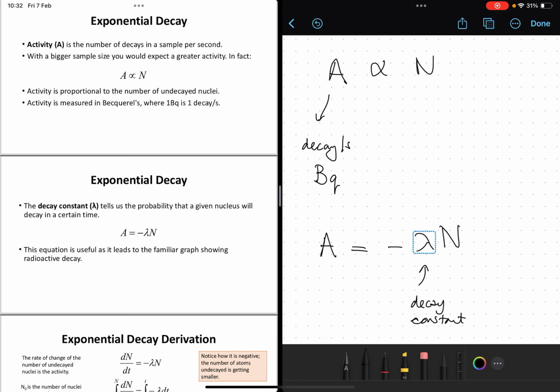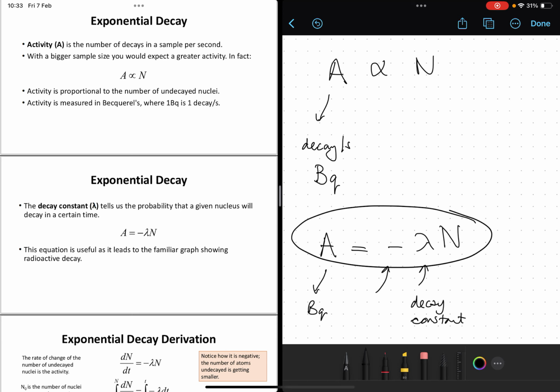We are going to observe more decays per second. The minus sign is in there to show us that we are getting a decreasing number of undecayed nuclei over time. So activity, measured in becquerels, is equal to minus lambda N.